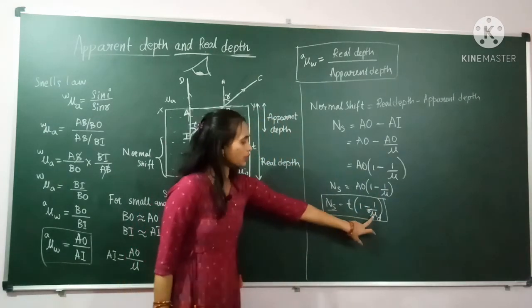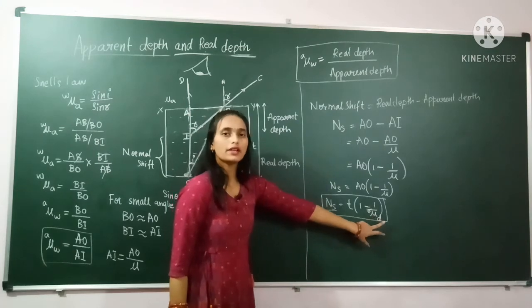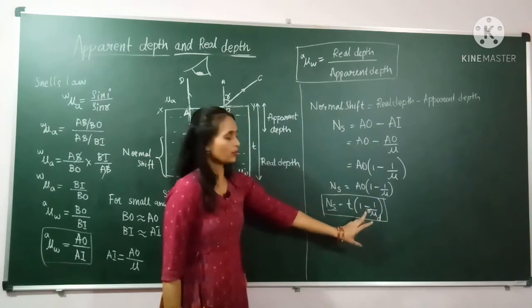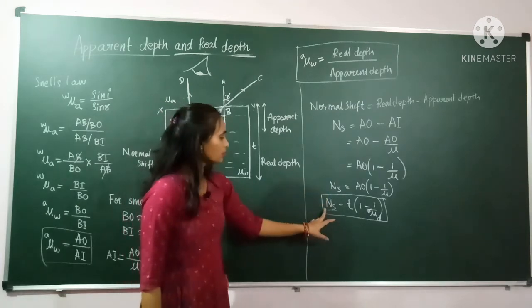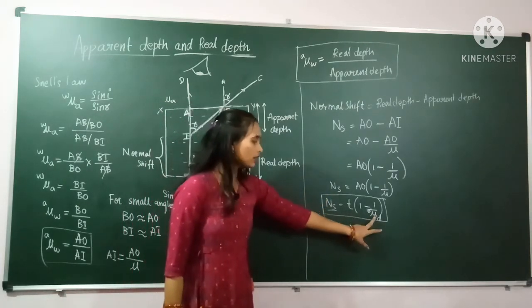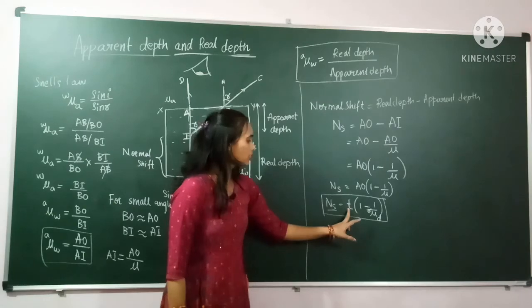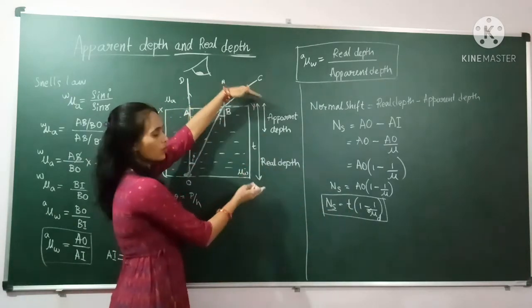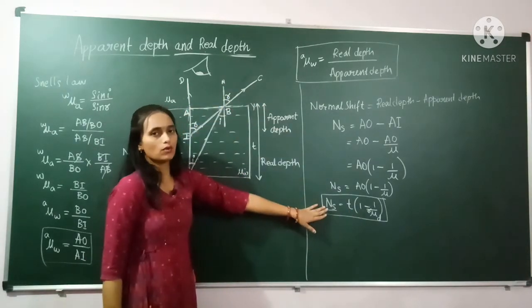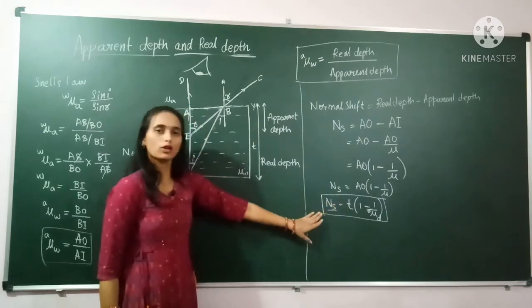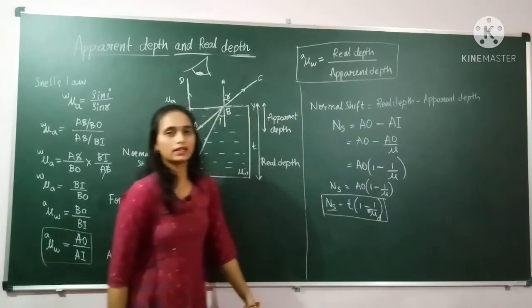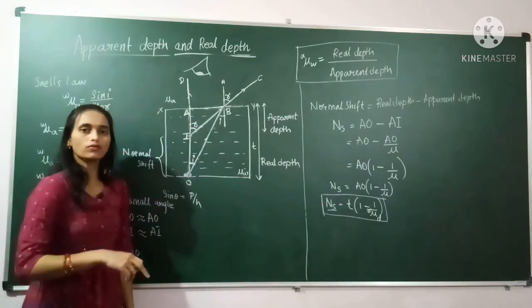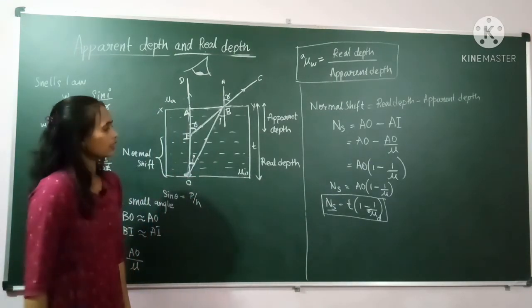Always take the refractive index of denser with respect to rarer. So this is the formula for the normal shift, and it is dependent on T and the refractive index. If the thickness is more, then the normal shift is also more. If the thickness is less, then the normal shift is also less. Similarly, the refractive index of the denser with respect to the rarer medium.